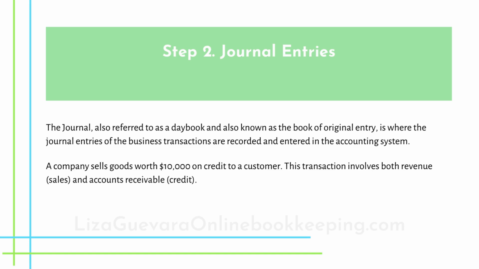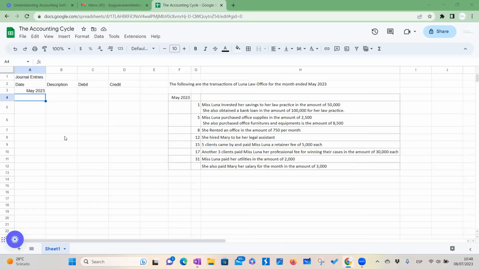So let's go ahead and enter the journal entries for the transactions we have in the example. Okay, so these are the following transactions of Luna Law Office for the month ended May 2023.